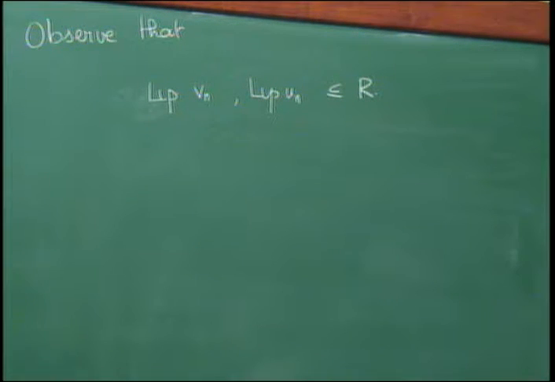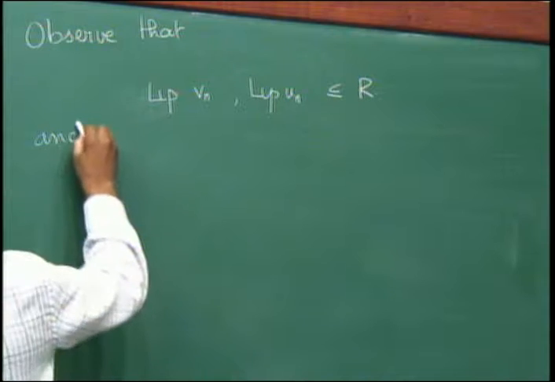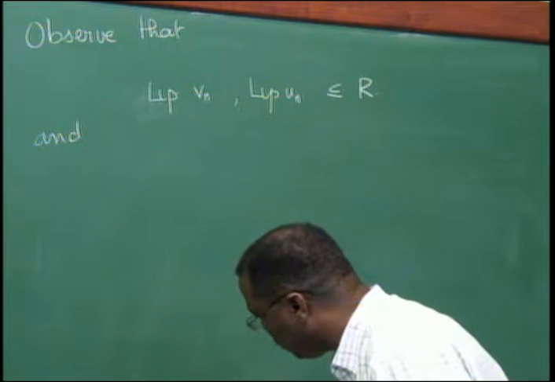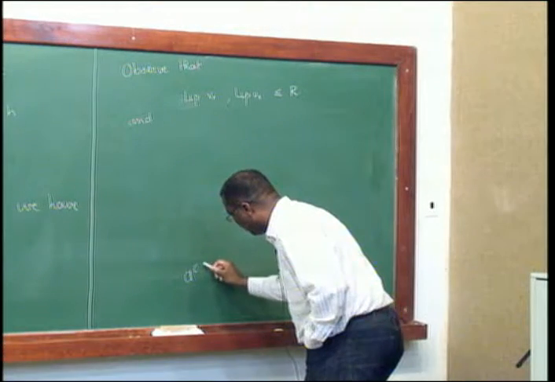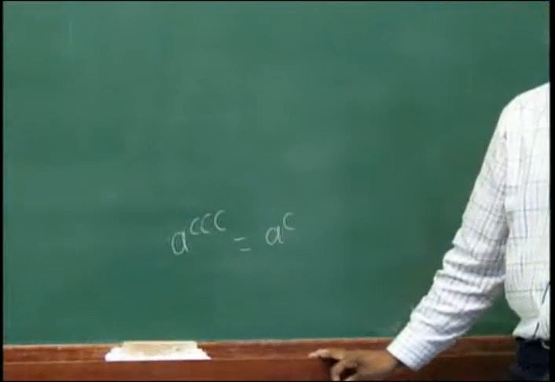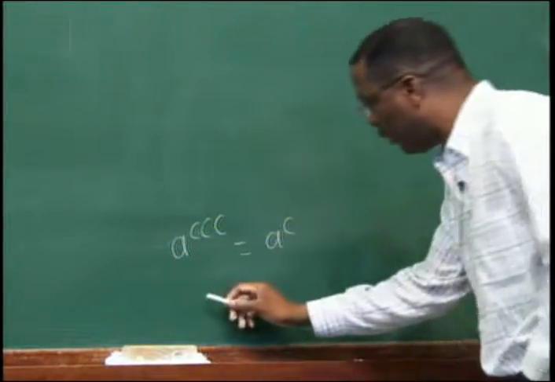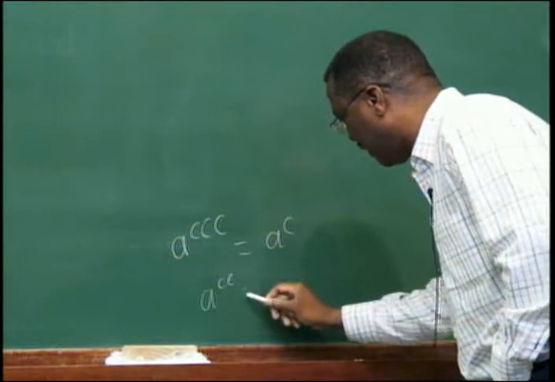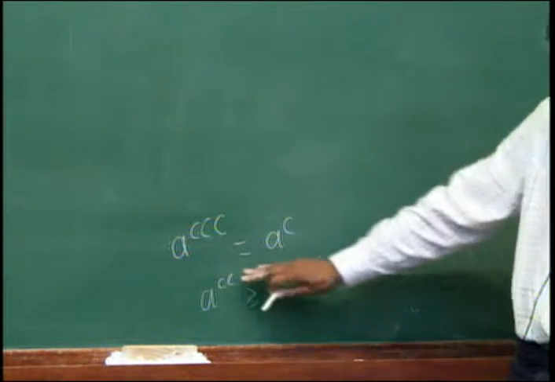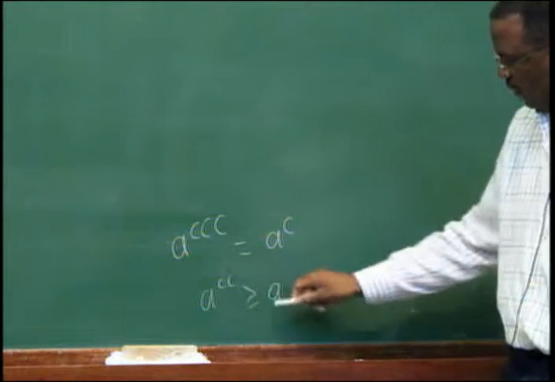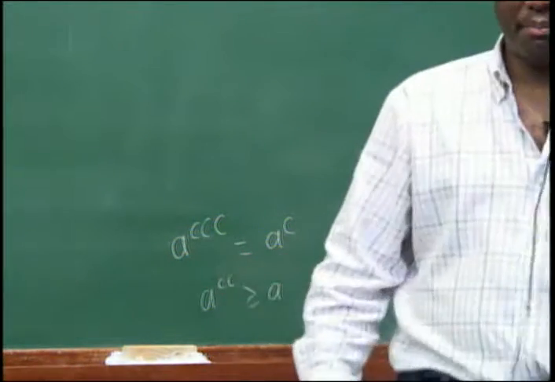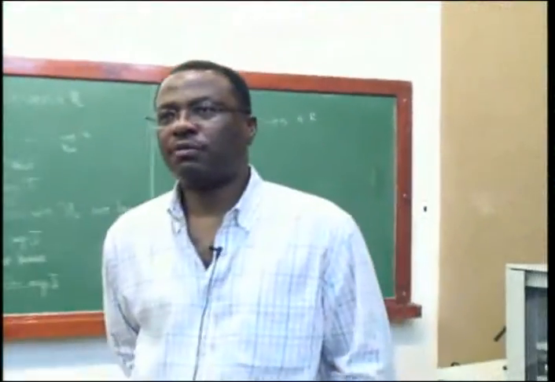And one of the things we prove is that if you take A, c, c, c, you get Ac. So in general, you have A, c, c is bigger than or equal to A. And we prove that when you add one more c, you have equality. This is like what happened with the Legendre transform of a function.